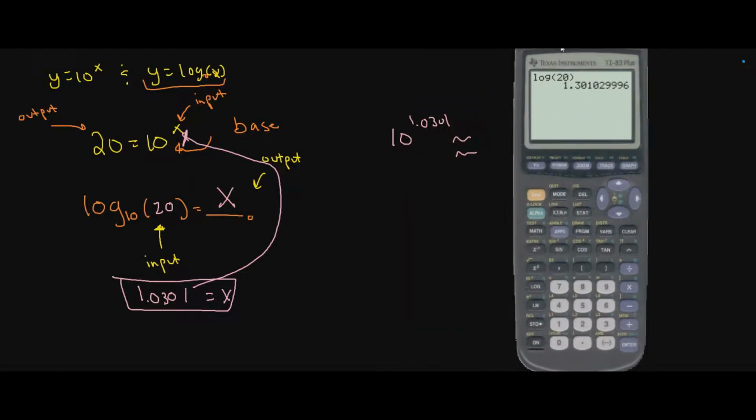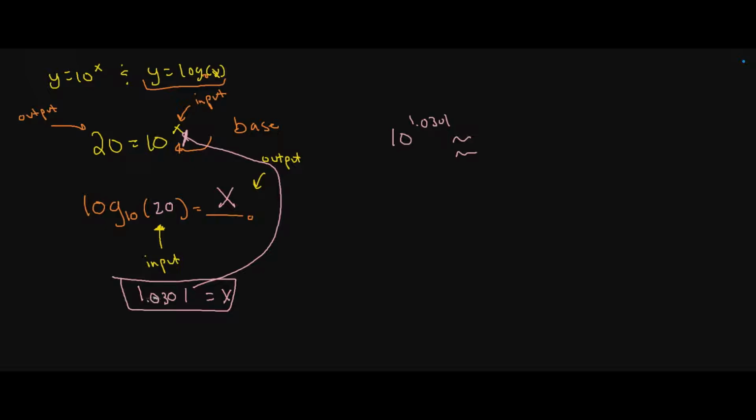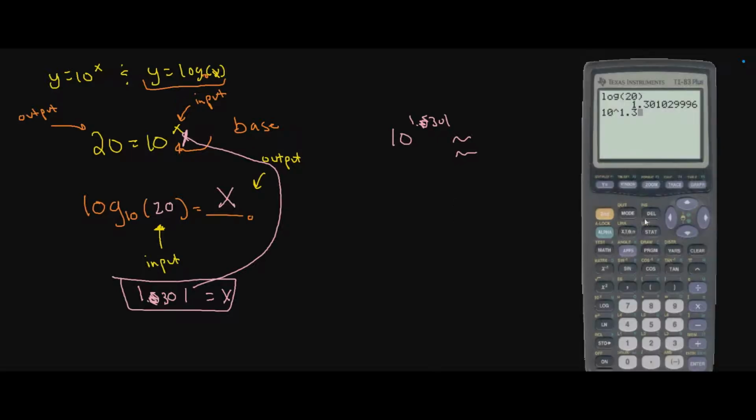So let's do 10 raised to the, let's just start off with the estimate. Let me fix that, it should be 1.301. So this is 10 raised to the 1.301. I should get approximately 20. Good catch there.